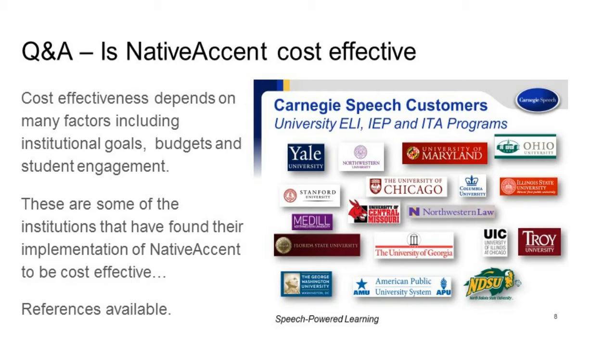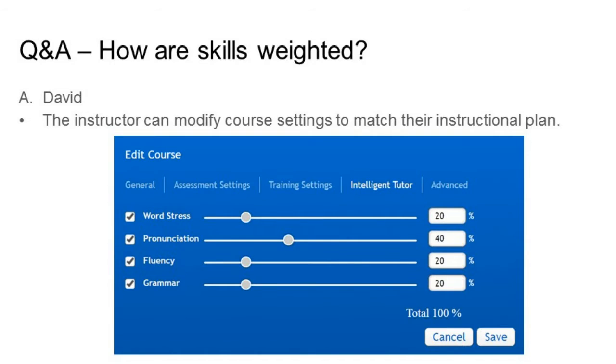You're welcome. Any other questions? Yeah. So what is the weight between individual phonemes and then the more fluency aspects? Because I think for my students it's really the fluency that they need. It's the stress and the duration and those sorts of things.